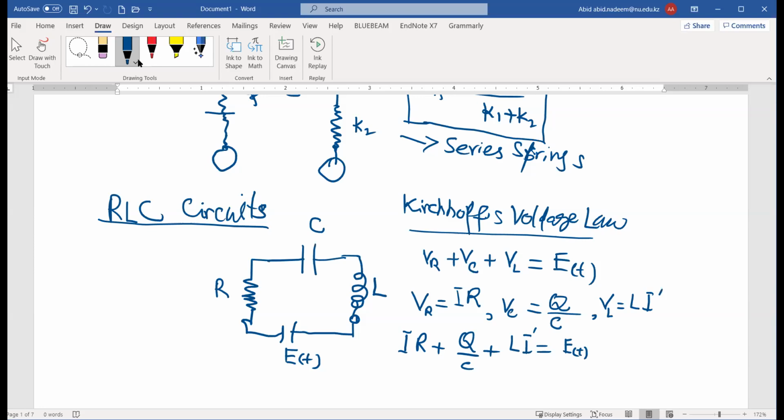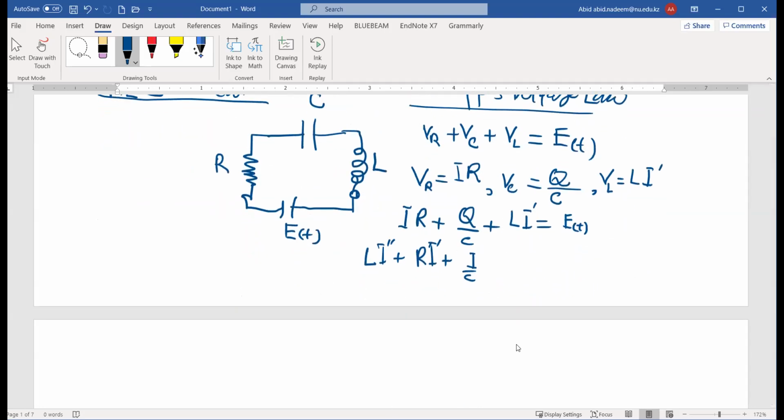So in the end, this equation can be represented by L I double prime plus R I prime plus I over C is equal to the electromotive force. The electromotive force is also represented by some constant E naught times cosine of omega t.